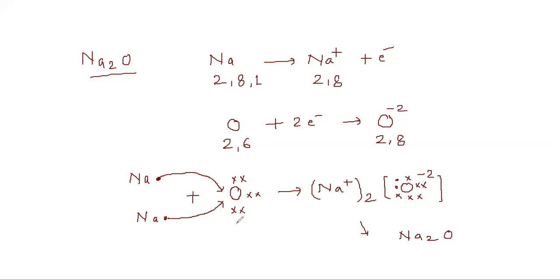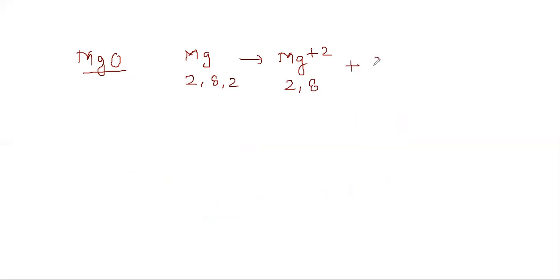Now take example of MgO. Mg has electronic configuration 2, 8, 2. It can donate 2 electrons to form Mg2+. Electronic configuration will be 2, 8, and oxygen has 6 electrons in its outermost shell.